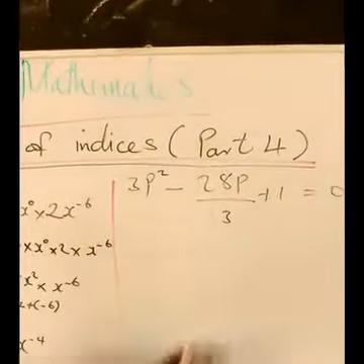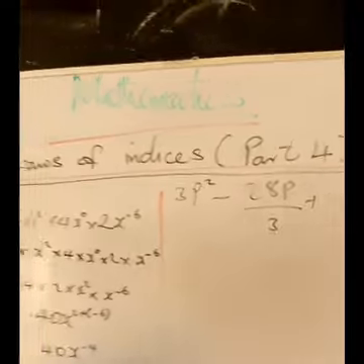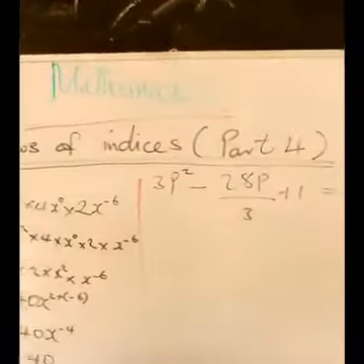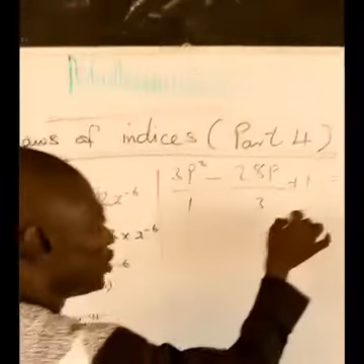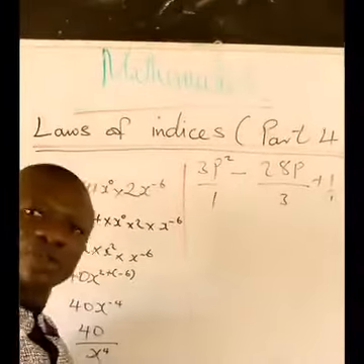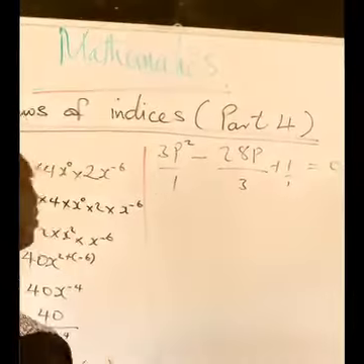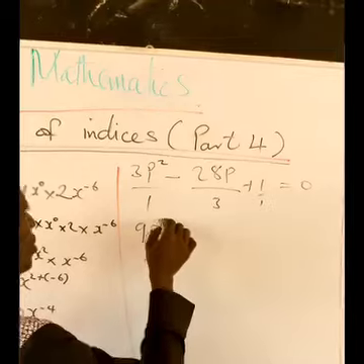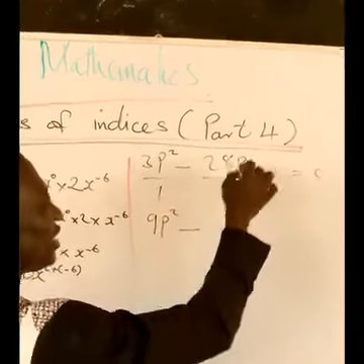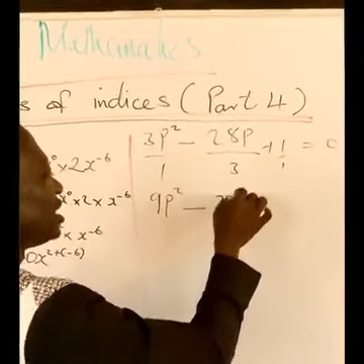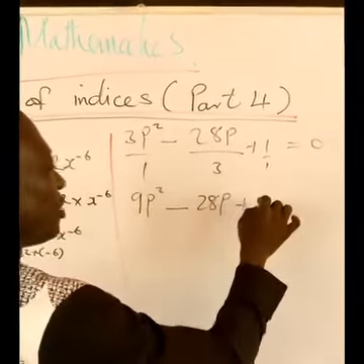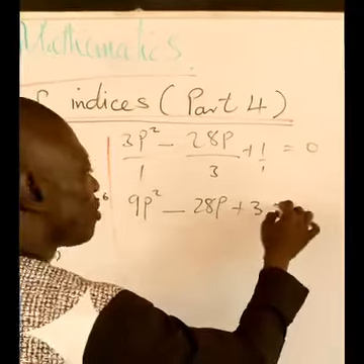Having seen the denominator as 3, the LCM of the denominators will become 3. This is over 1, this is over 3, and this is over 1. And so we use 3 to multiply each expression. Multiplying, we are going to have 9p raised to the power 2 minus 28p plus 3 is equal to 0.